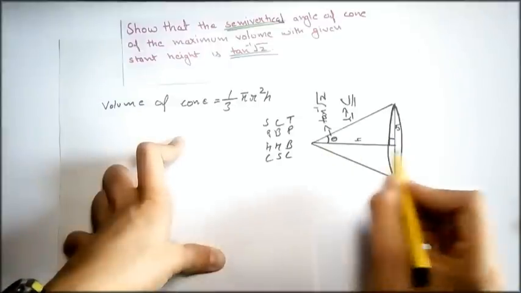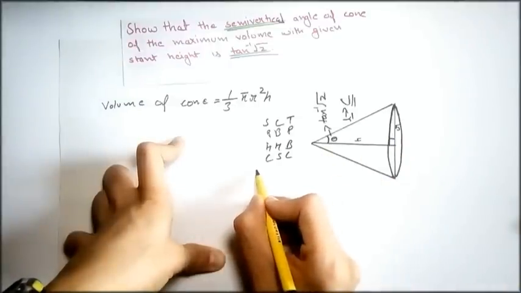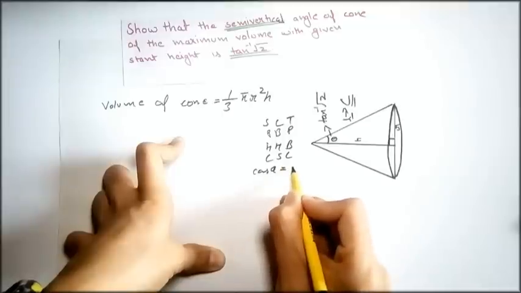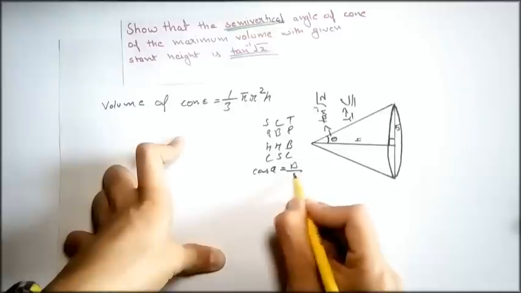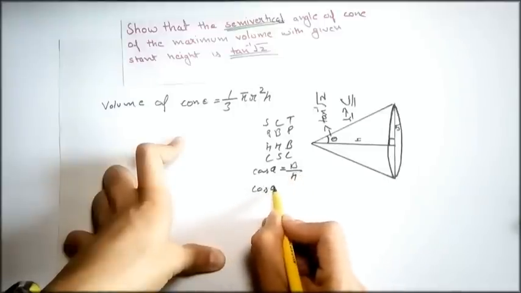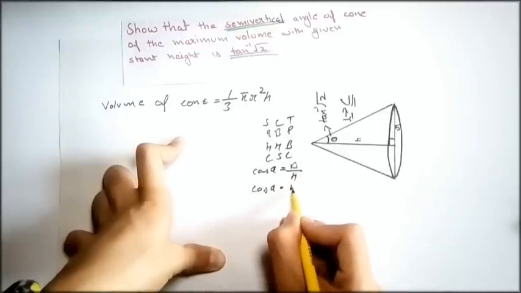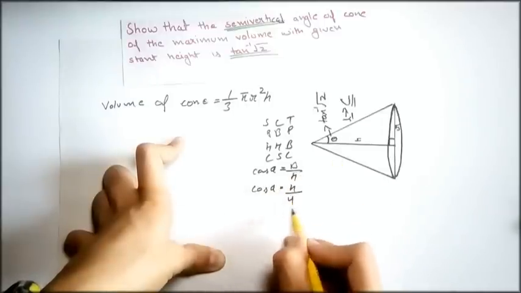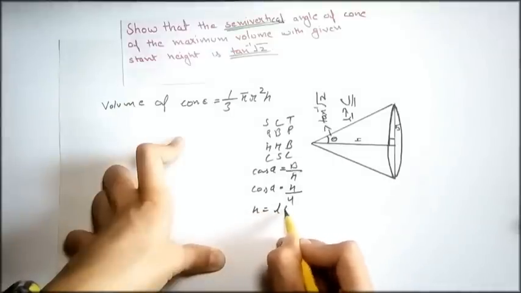Cos theta is equal to base upon hypotenuse, where the base is h and the hypotenuse is L. So h is equal to L cos theta.